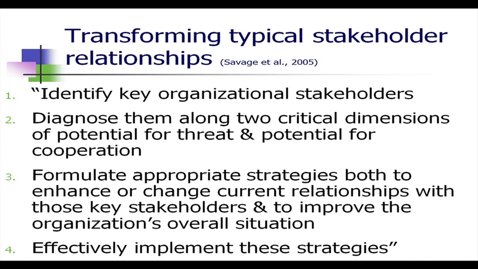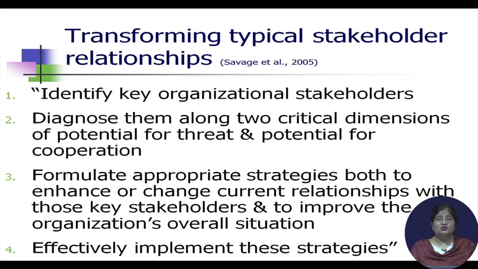Okay. Now, how do you transform typical stakeholder relationships? Four strategies, or a four-step plan, have been suggested by Savage and Associates, and that is you identify key organizational stakeholders. Find out who your stakeholders are.